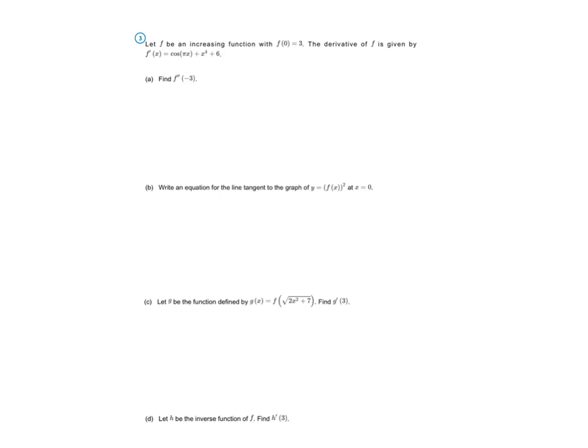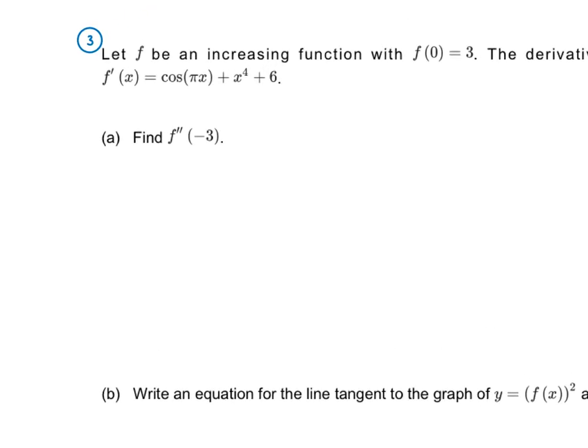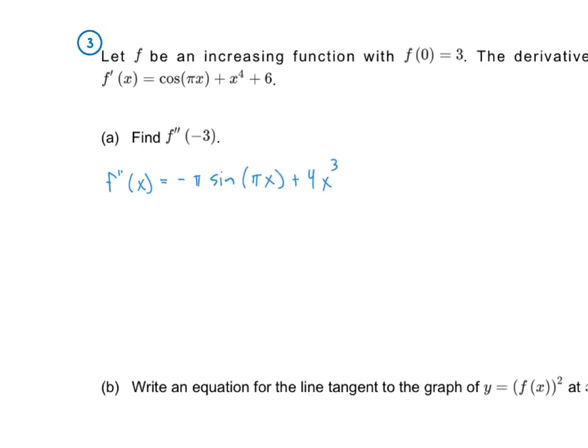Okay, so they asked us first to find the second derivative at negative 3. So we'll just take the derivative of this function. Negative pi sine pi x plus 4x cubed.